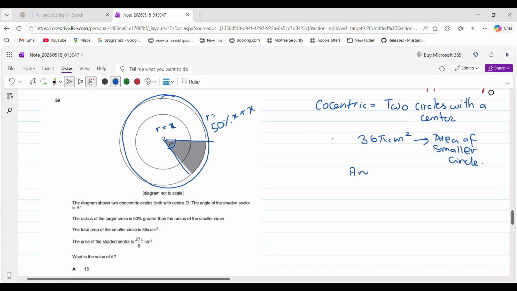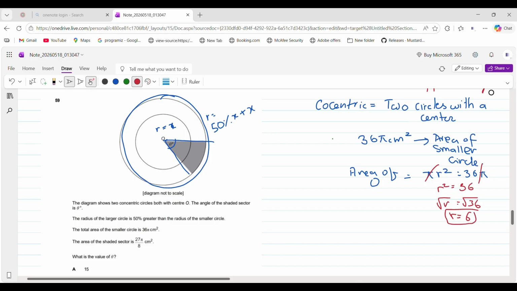Now see, the area of a circle is given by the formula pi r square. If I compare this 36 pi with this, what will I get as my r value? This pi is basically cancelled with this pi, so r square equals 36. I need only the value of r, so take the square root on both sides.